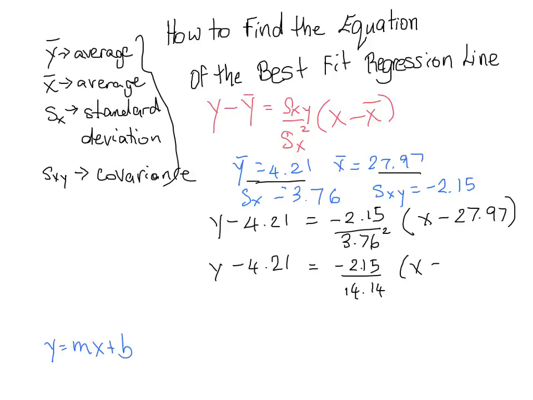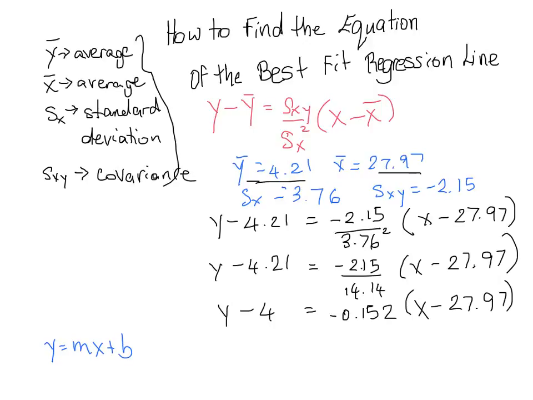So x minus 27.97. Now we can simplify the fraction further by dividing negative 2.15 by 14.14. And we get a value of negative 0.152. And I'm going to just keep everything else the same.